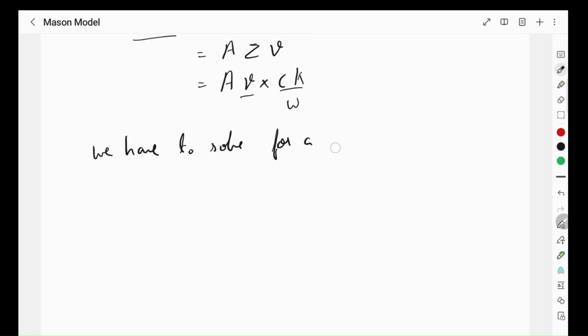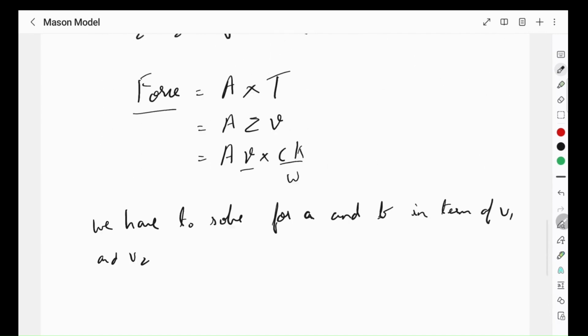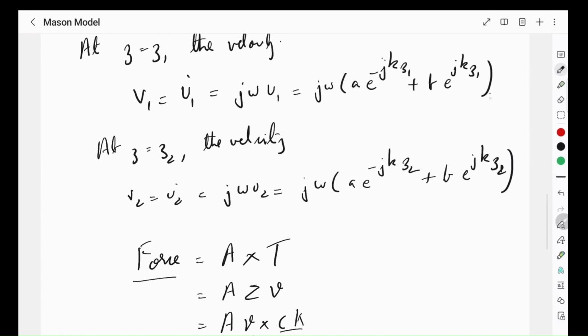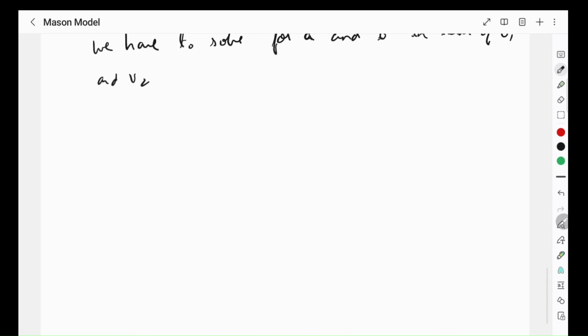Okay, what I'm showing here is a simple model. You will need to apply it for other models also, for much bigger models of your resonators, whatever you're doing. So you need to solve for A and B in terms of V1 and V2. This is my first equation, this is my second equation.